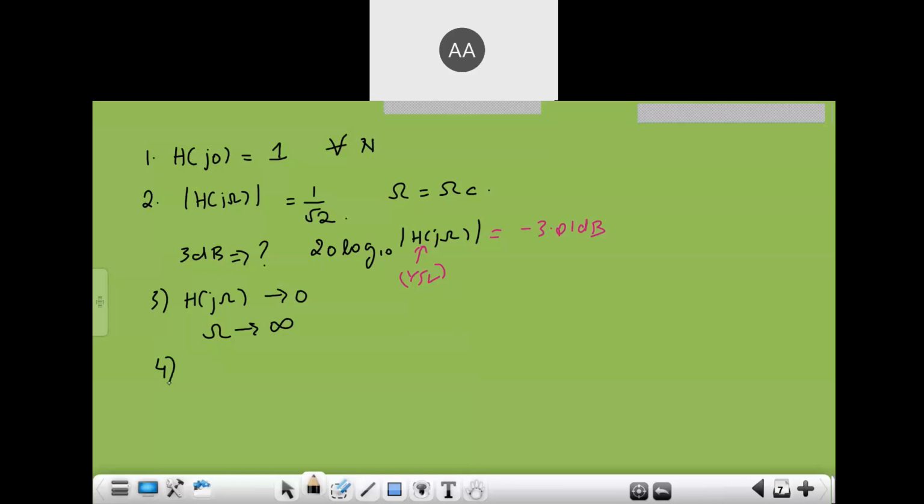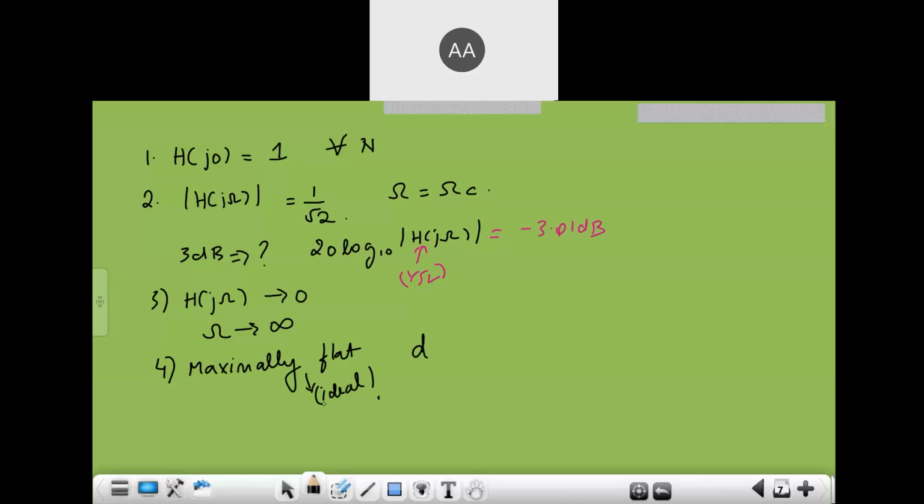Then one more characteristic is that if you want a maximally flat filter, you have heard of maxima and minima in your maths, right? If you want to find the maxima point, or the maximally flat filter, this is nothing but your ideal filter.